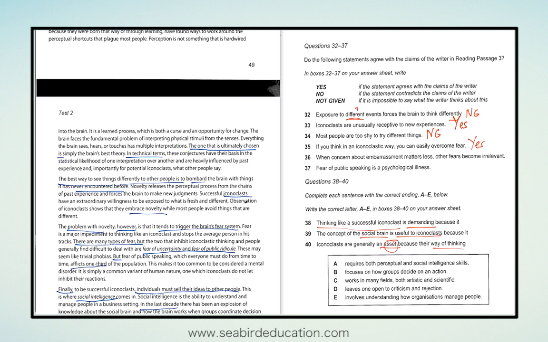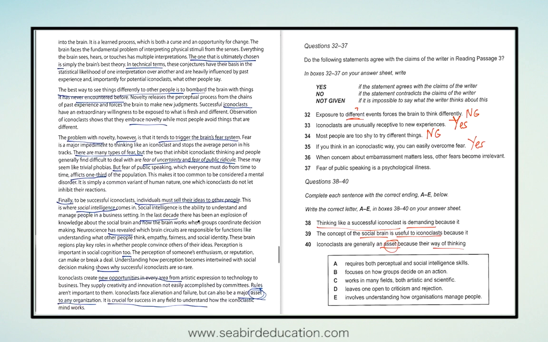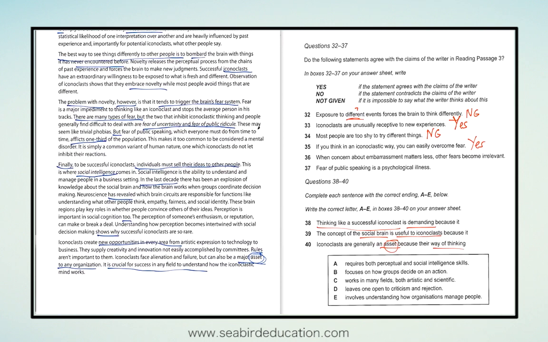Okay. Other fears become irrelevant. I think that's not given because there's no mention about matters less. Well, it doesn't matter less. They just mention it here.